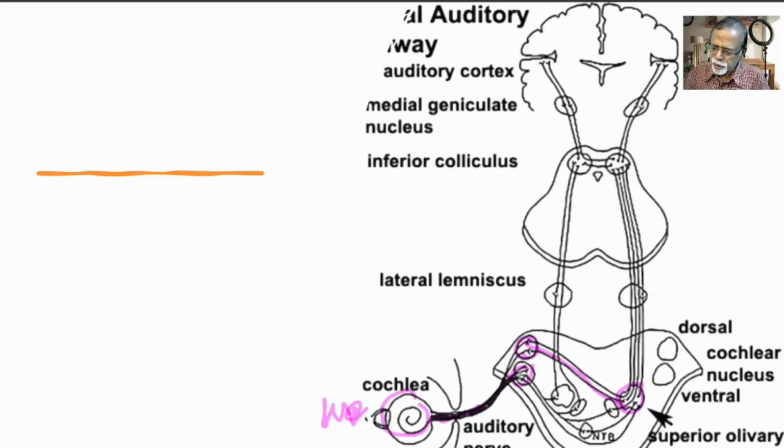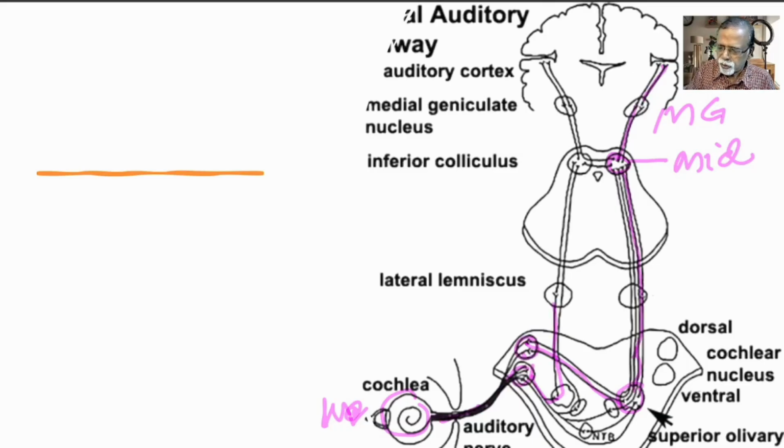From there, the fibers are going upwards to the inferior colliculus situated in the midbrain. And from the midbrain, it is passing to the thalamus, through the medial geniculate body. From there, the thalamo-cortical pathway. Some of the fibers are passing ipsilaterally also.